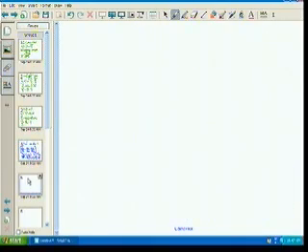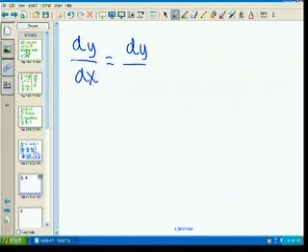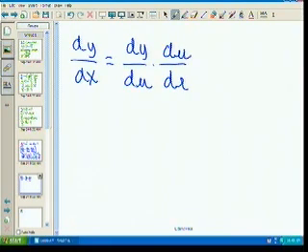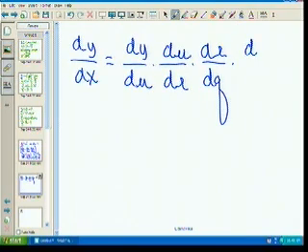If you had, let's say, y in terms of u, u in terms of r, r in terms of q, and q in terms of x.